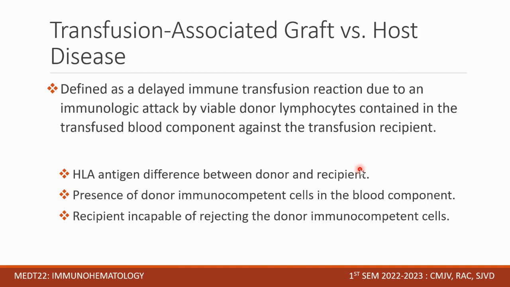Next, let's proceed with the transfusion-associated graft versus host disease. Okay. This is defined as a delayed immune transfusion reaction due to an immunologic attack by viable donor lymphocytes contained in the transfused blood component against the transfusion recipient.